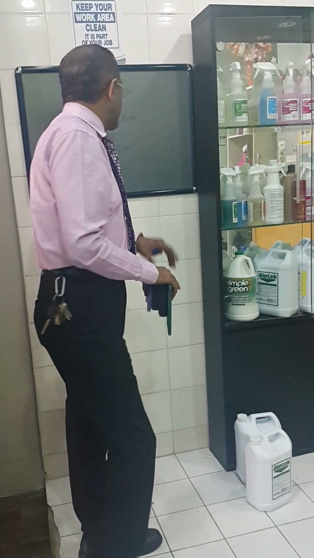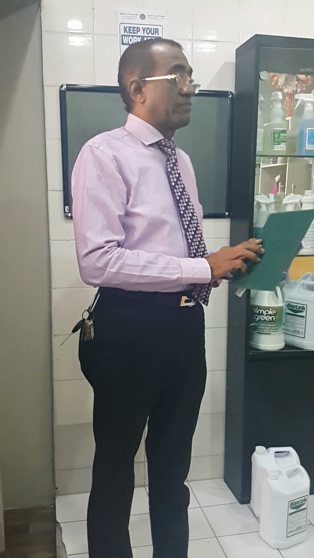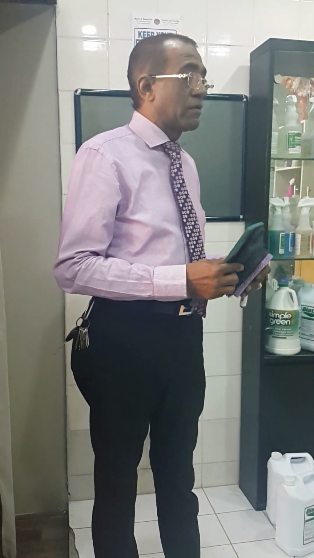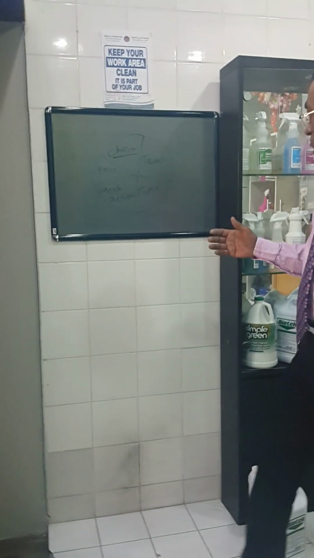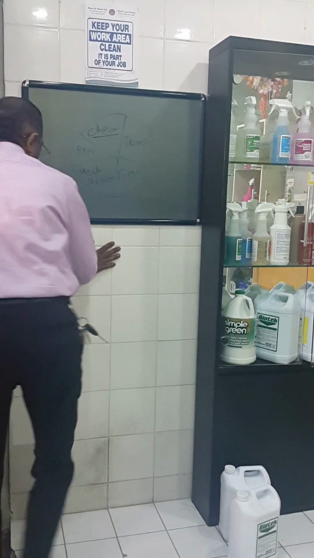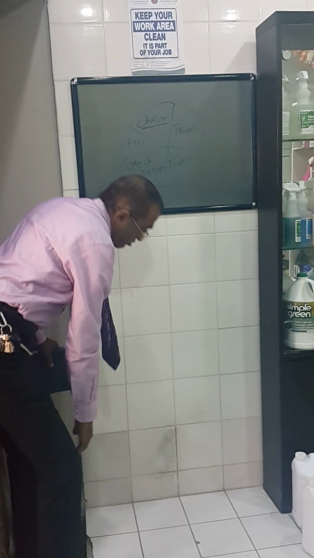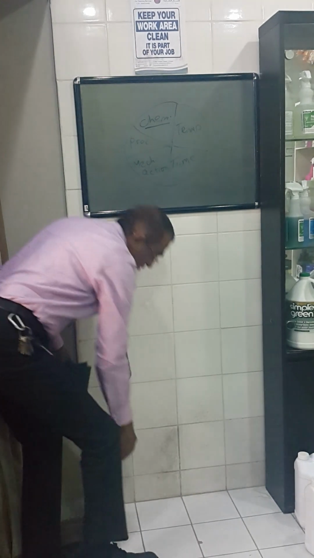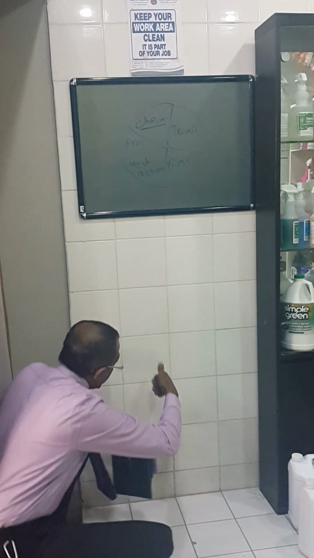That comes to procedure. Procedures means, if I start cleaning, for example, this wall, should I start from up or down? I also need to think about the floors, which can be damaged when I clean here.